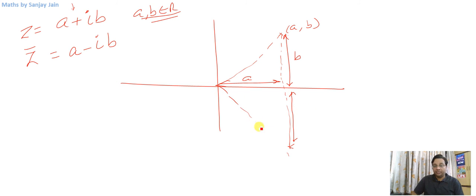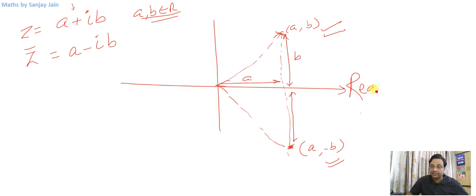So this point here will refer to a comma minus b. Now this is the conjugate of this complex number and vice versa also. So what is conjugate? Conjugate is the reflection of this point in the real axis, right? It is just the mirror image of this point in the real axis.